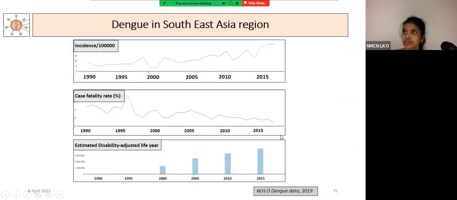Then coming to individual tropical diseases, that is dengue in the Southeast Asia region. If you see the trend in the last 3 decades, the incidence is gradually increasing, though the case fatality rate is decreasing, but the estimated disability adjusted life years, that is DALY, which signifies the morbidity, shows an increasing trend.